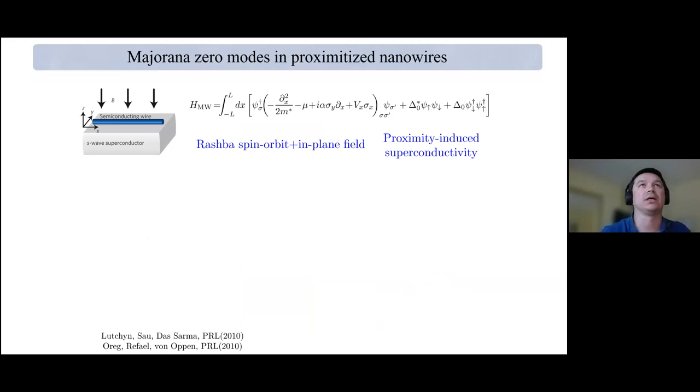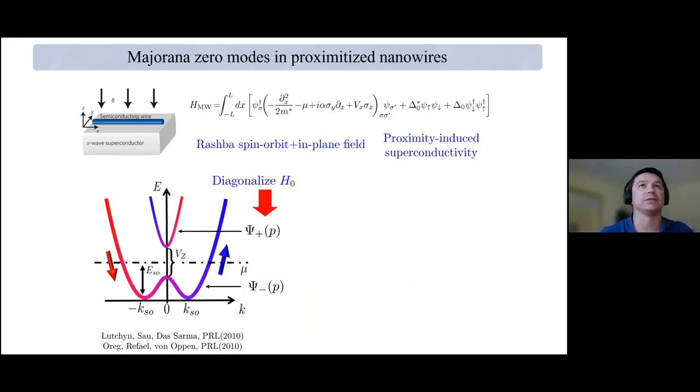This is the idea that goes back to 2010, that if you take a nanowire, put this nanowire in proximity with an s-wave superconductor, apply a magnetic field in the right direction, and if this nanowire has spin-orbit coupling, then we showed that within this model one can drive the system into a topological regime, which happens when one tunes the chemical potential in the gap.